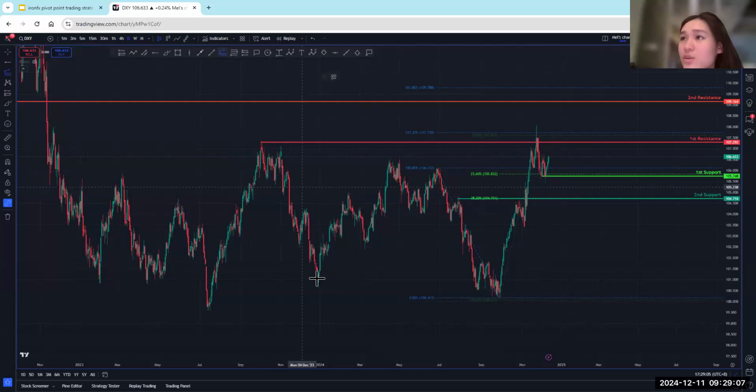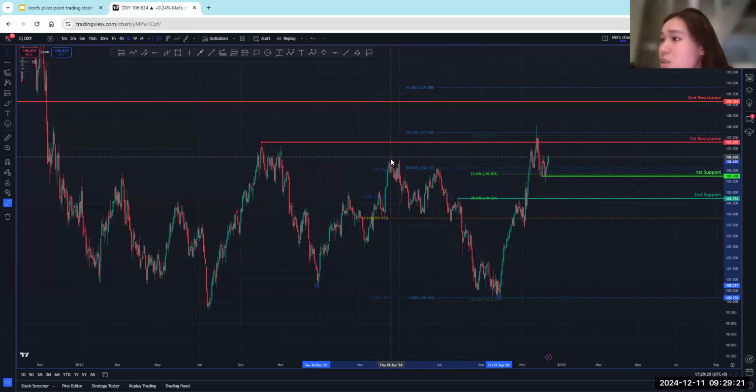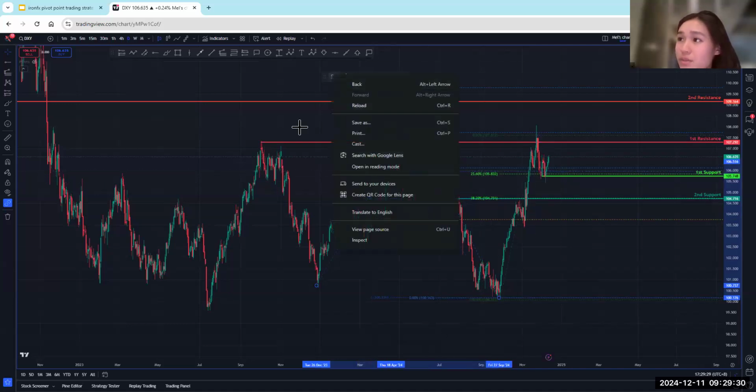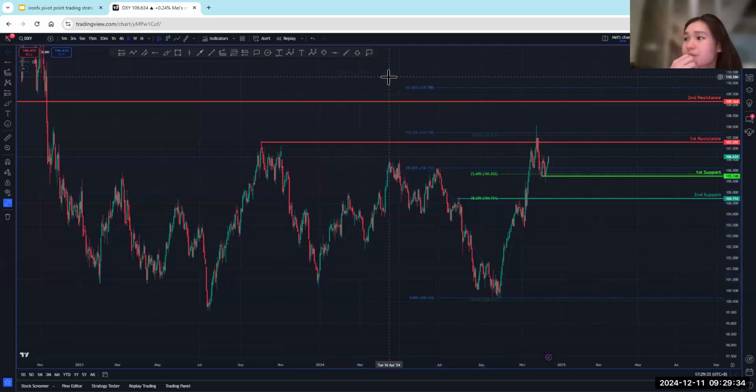Okay, I think we might have another projection here. Or okay, no. Even though 100% lines up with our first support over here, we can't use it anymore because price has already broken out of that. So I'm gonna just remove this.